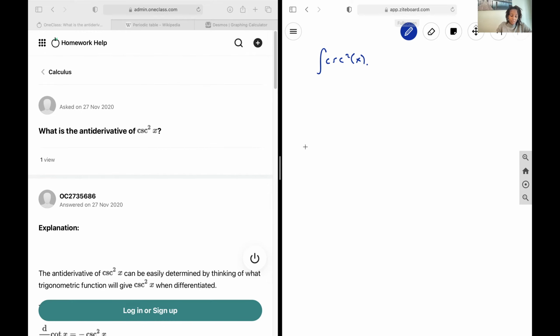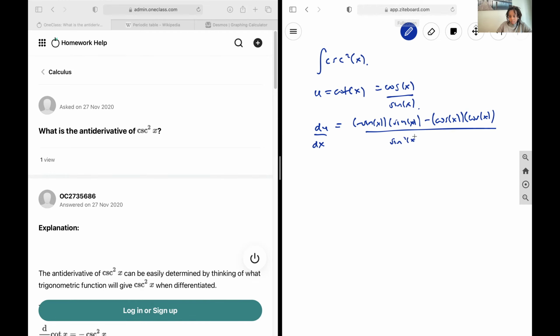Instead, I'm going to make a slightly informed substitution and instead choose u is equal to cotangent x. And so that would be cos x over sine x. That means that du would be equal to negative sine x into sine x minus cos x into cos x all over sine squared x.